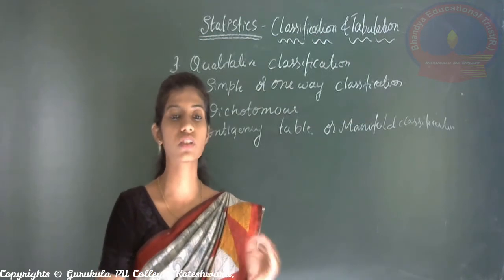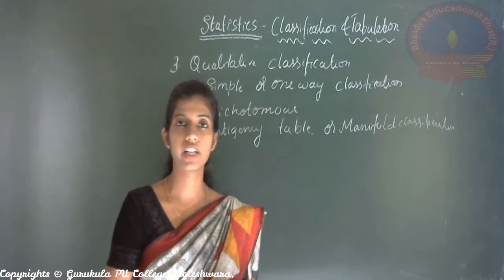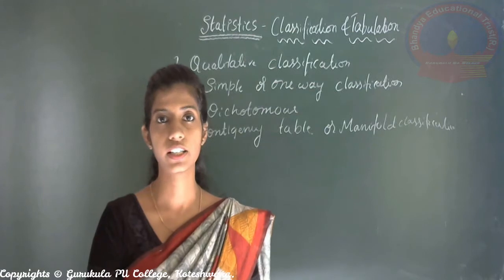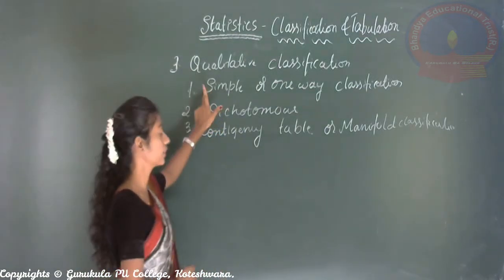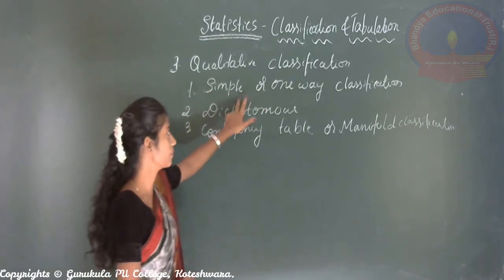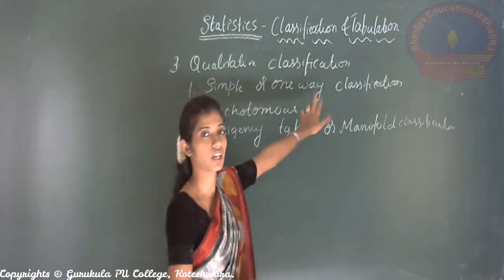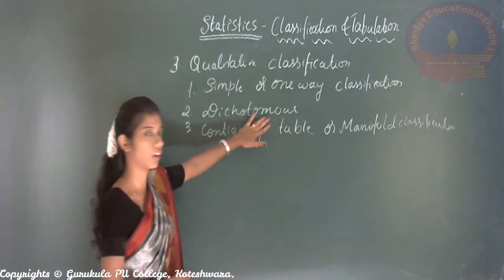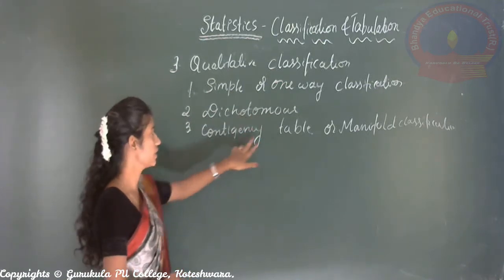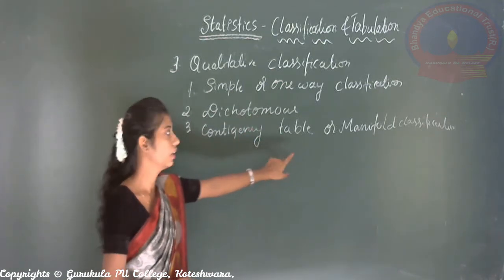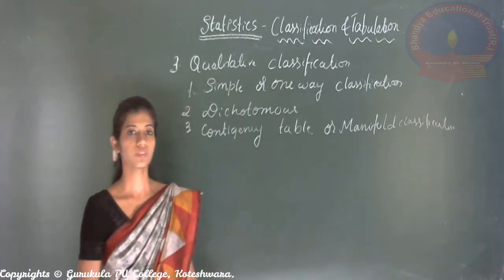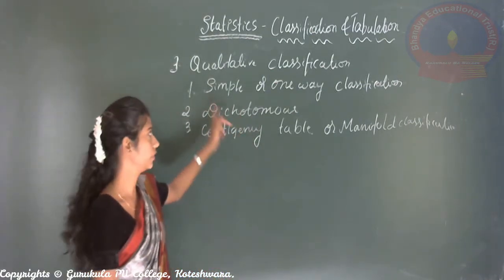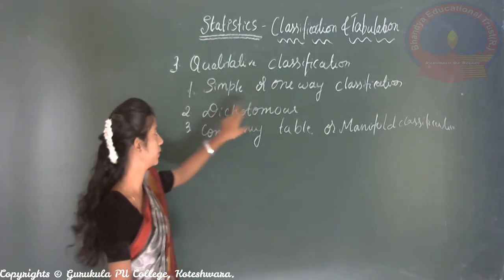So based on these data, we have to classify the things. Under that there are three types. One is simple or one-way classification, another one is dichotomous, and third one is contingency table or else manifold classification. So just note down, I will be explaining one by one here.